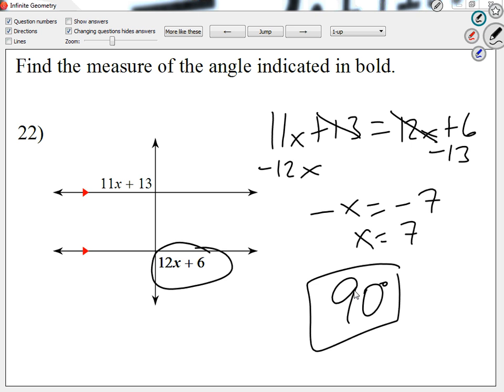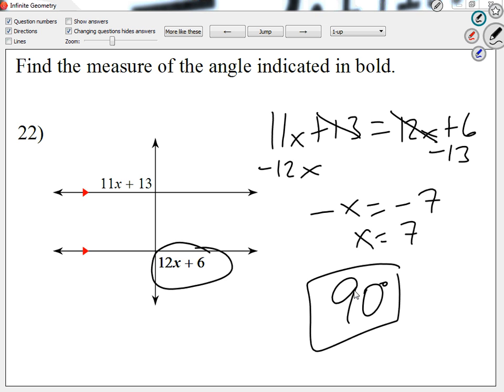We use the 12x plus 6 first, or 11x plus 13? The 12x plus 6, because that's the one that's bold. We know x equals 7, so we go 12 times 7, which gives us 84. 84 plus 6, 90.